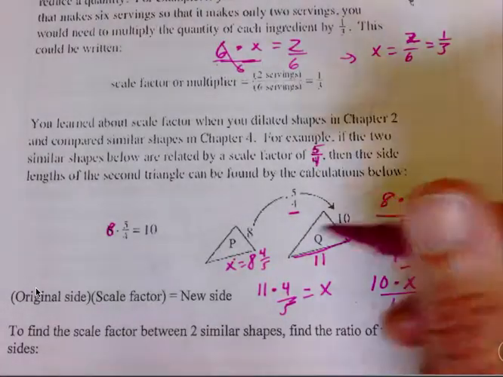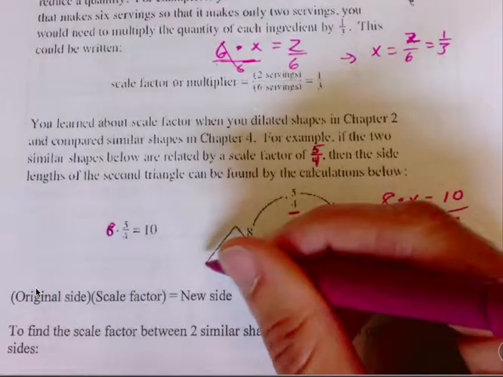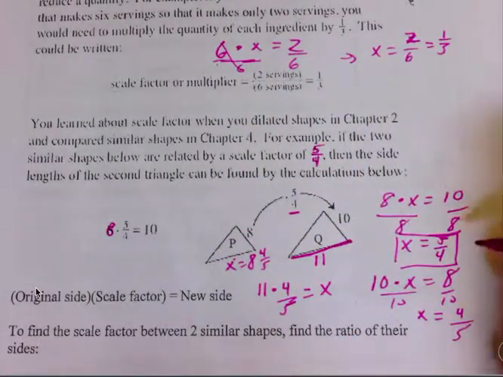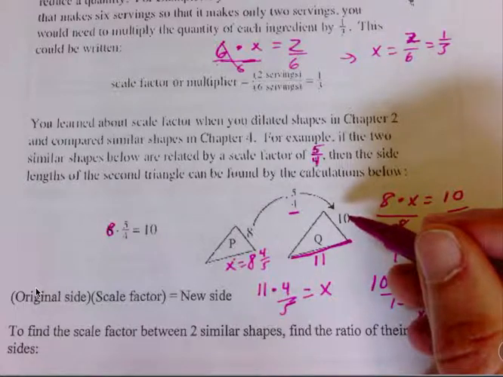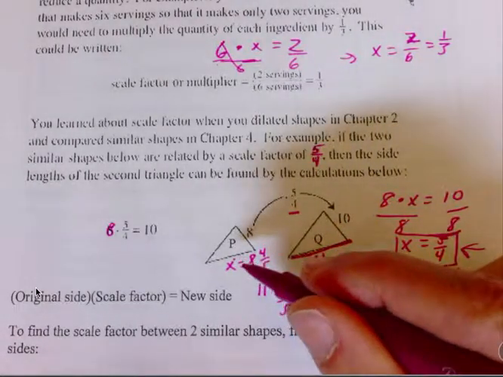So if we have information, the new side compared to the old side, we can figure out what the scale factor is. And you'll notice something interesting. We've got a scale factor of 5/4 to get bigger and a scale factor of 4/5 to get smaller.